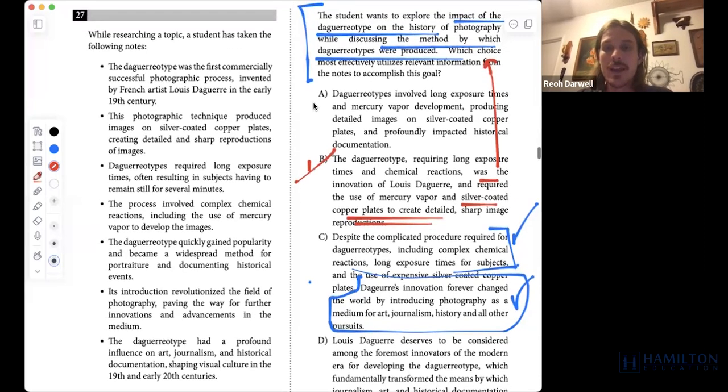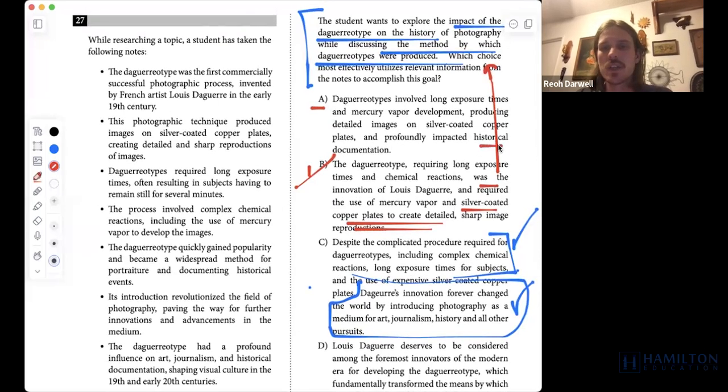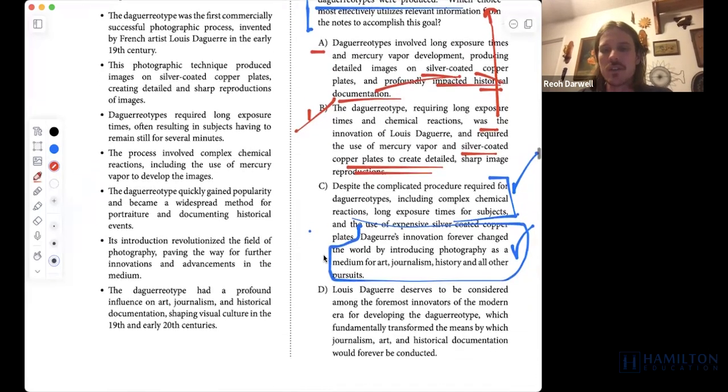Okay. A, we have historical documentation, which isn't exactly the history of photography, right? And ultimately, it just doesn't actually describe or explore the impact on photography, right? But not to the same way C does.